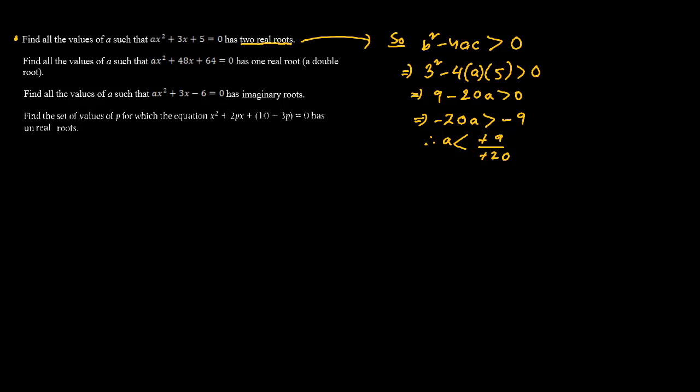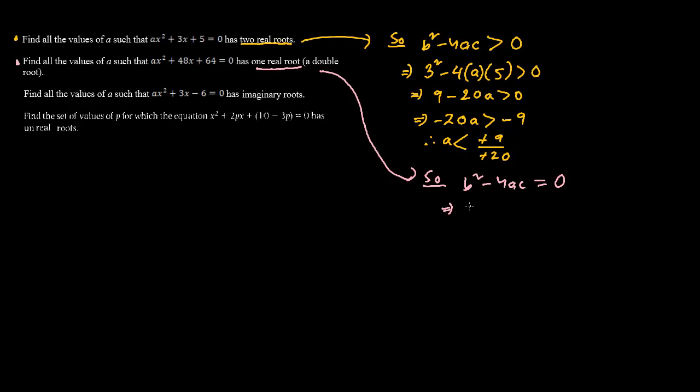Now the next example is, find all the values of a, meaning set of values of a, such that this quadratic equation has one real root, meaning the roots are real and equal. So b squared minus 4ac would be equal to 0.